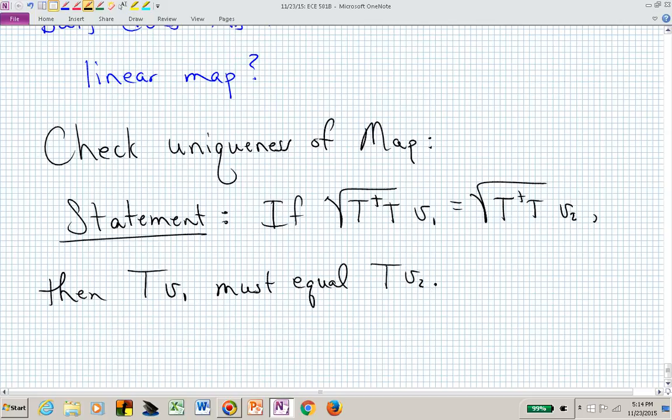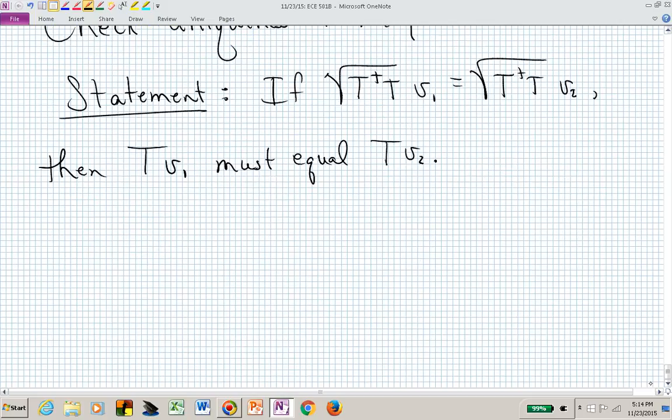So we want to make sure that that statement is true. And the assumption is that the square root of T dagger T v1 is equal to the square root of T dagger T v2. So now let's look at the norm of Tv1 minus Tv2.